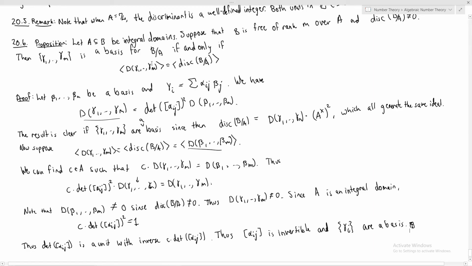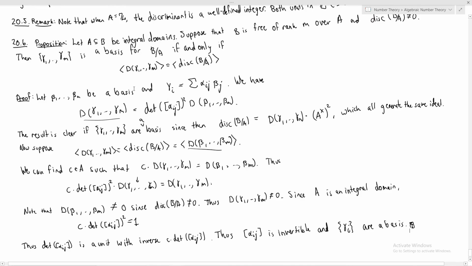The other direction is basically if these two things generate the same ideal, then they more or less have to differ by a unit. That's basically what's going on here. And if two things generate the same ideal in an integral domain, then those two elements differ by a unit, and it turns out that this forces the determinant of this matrix to be a unit.